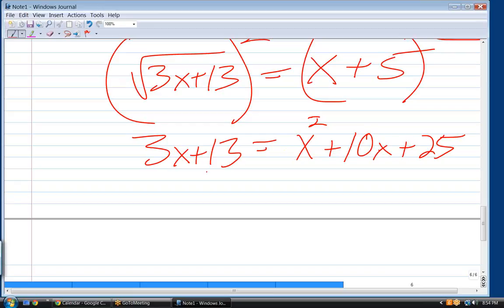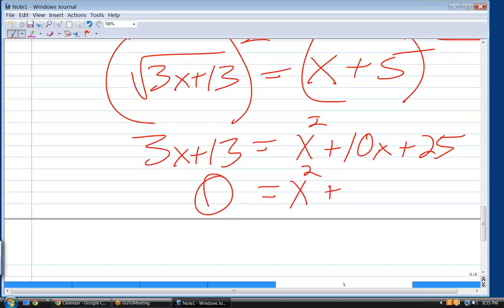How do we solve this problem? So now it's going to end up being a quadratic. Good. So I would subtract the 3x and the 13 over. That's usually the way to solve quadratics, is to set one side equal to 0. So what's the rest of it?